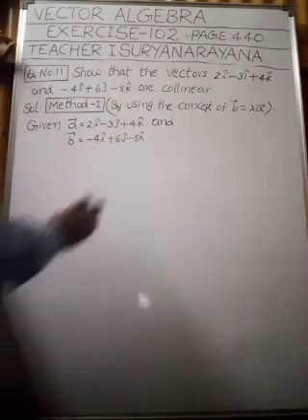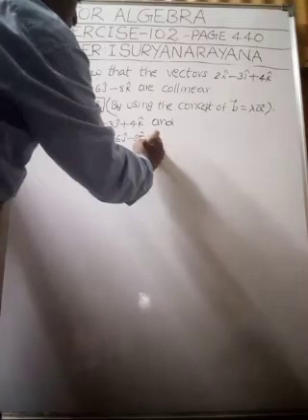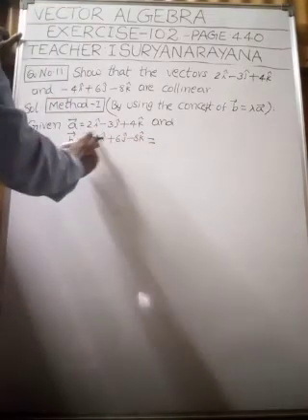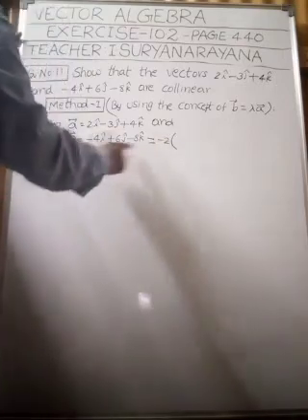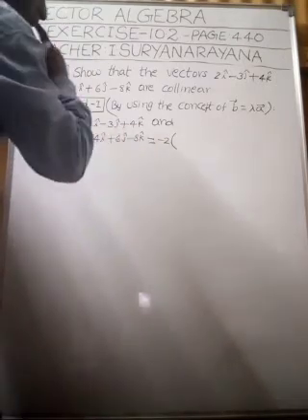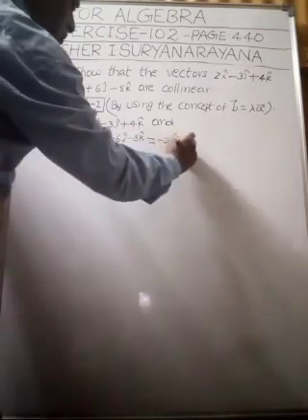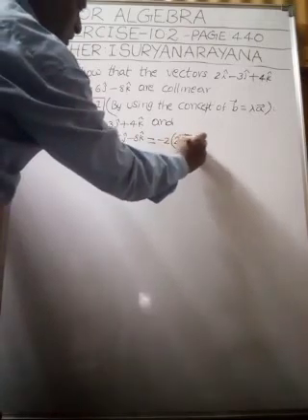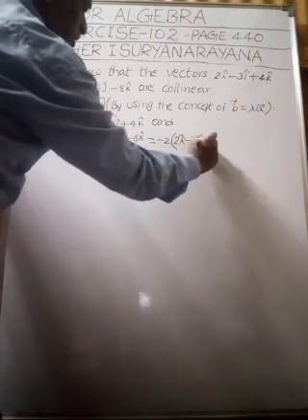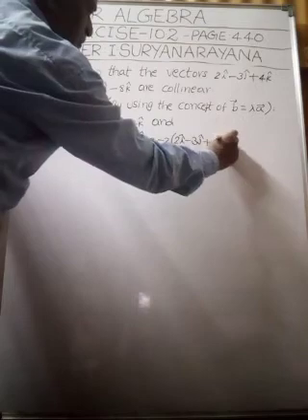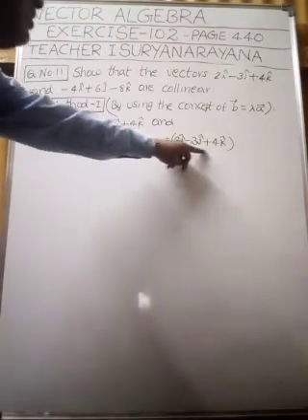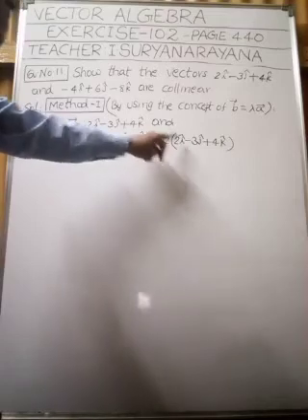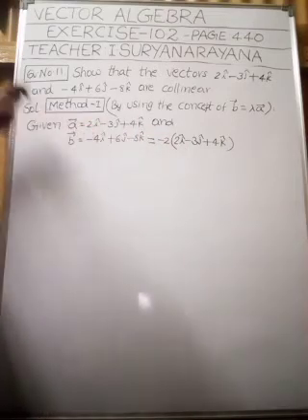Okay, my children? Right. From these three terms, let us take minus 2. If you take minus 2 as common factor, what do we get here? 2i cap minus 3j cap plus 4k cap. Yes or no, my children? In the brackets you get this vector. If you observe this vector, it is nothing but a bar. Yes or no, my children?